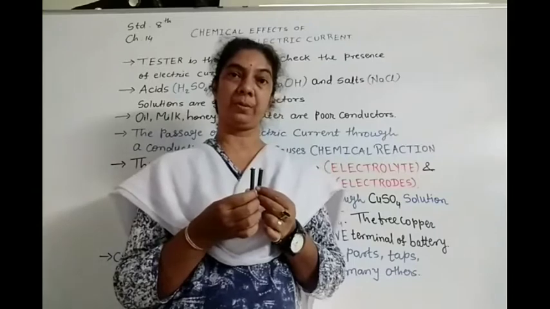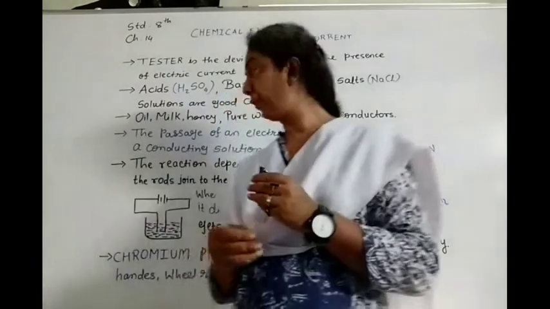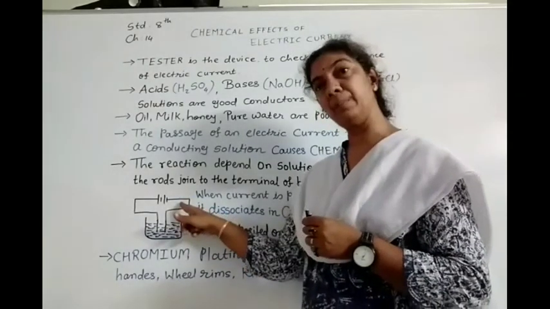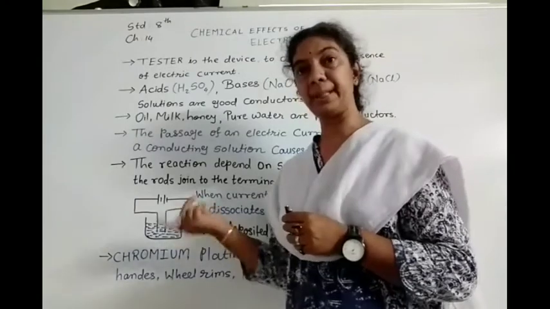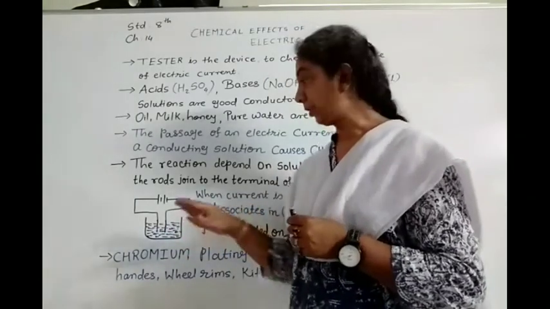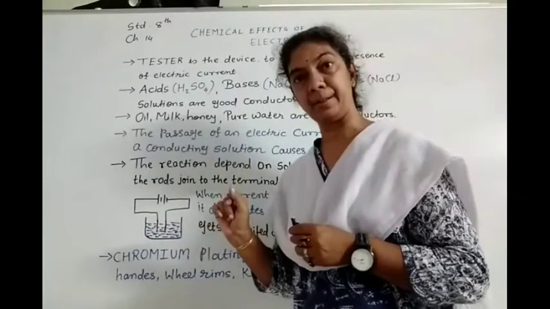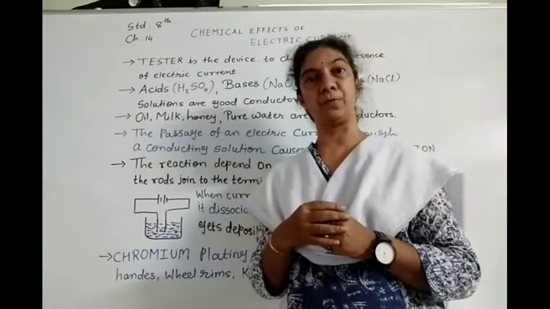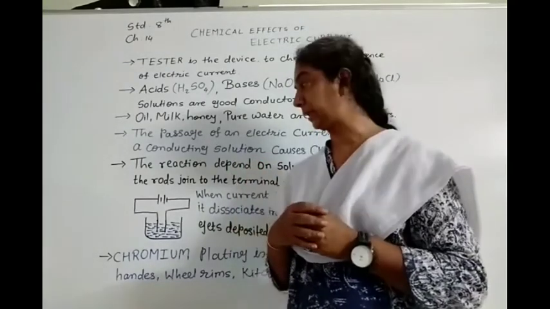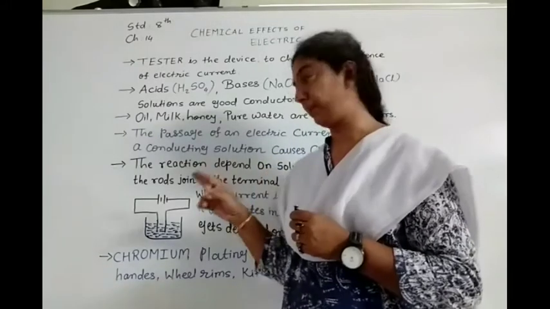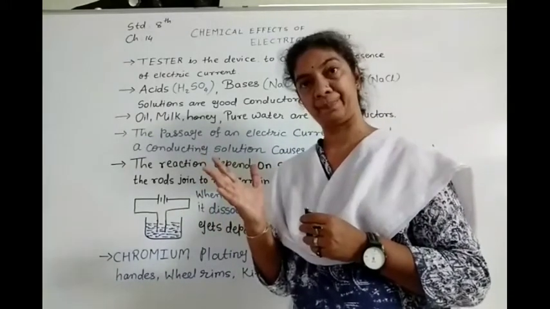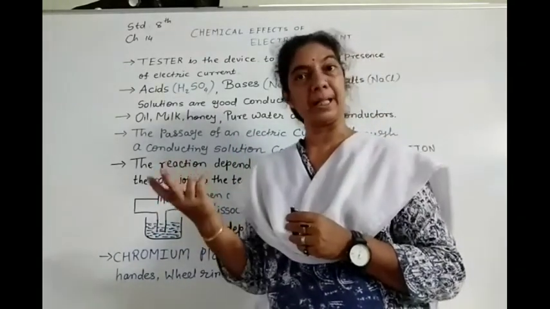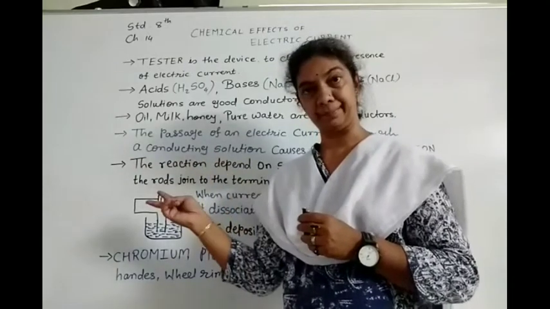In our textbook, a question is asked that suppose we have this type of circuit, and in this, I have a bulb over here. Sometimes it happens that though we have done all this arrangement, the bulb does not glow. What are the reasons for that? You are supposed to answer that the very first thing might be that the bulb has fused. Second reason, the cells of the battery might be used up and not working.